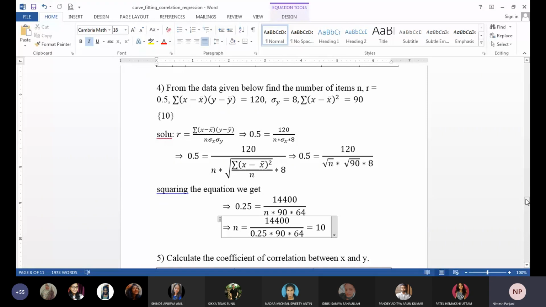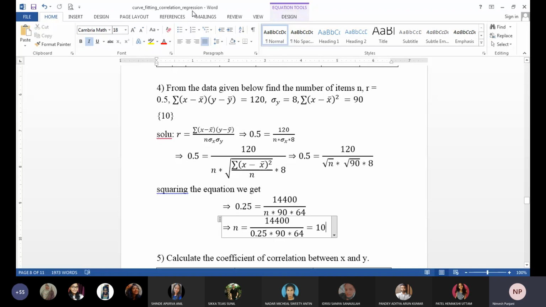Is it fine? Yes, sir. n upon root n gives you root n. Apurva, do you agree with this? n upon root n gives you root n. Yes, sir. Okay.